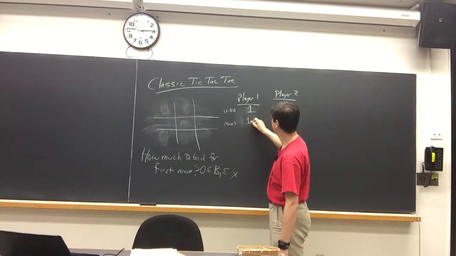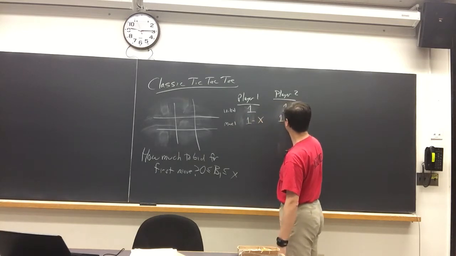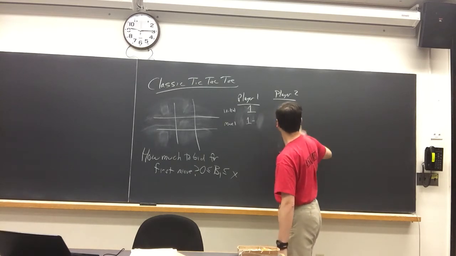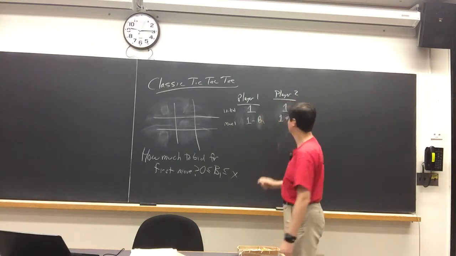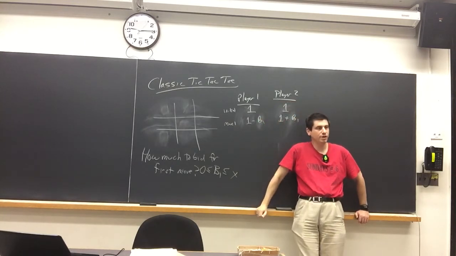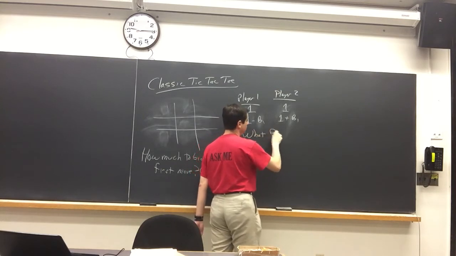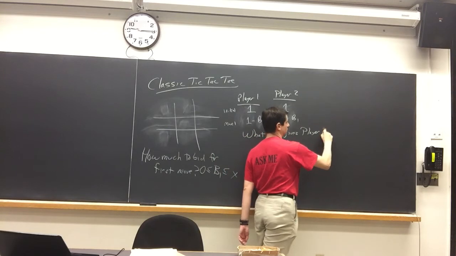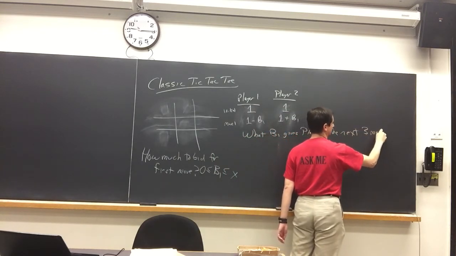We now move to 1 minus B1, and player 2 goes to 1 plus B1. So now we want to figure out, the danger is player 2 gets the next 3 moves. What B1 gives player 2 the next 3 moves?